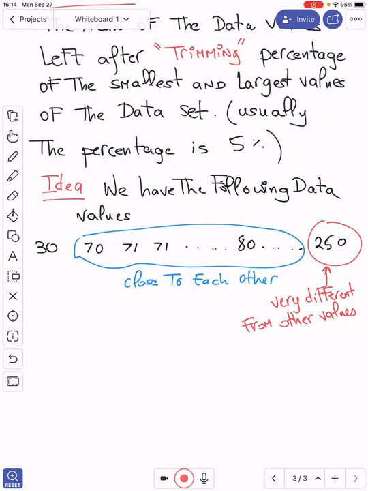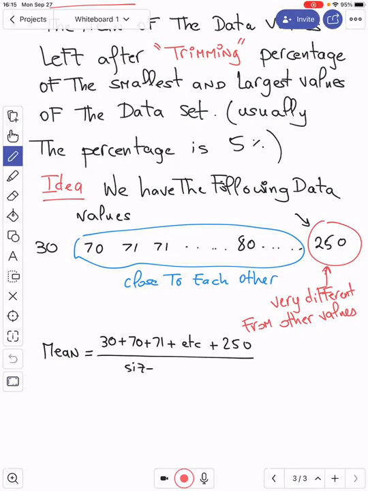So your mean is not a good representative of this data set because of this 250, which is a very large number compared to the 70 or 80, etc. The mean would be 30 plus 70 plus 71 plus etc., plus the 250, over the size of the sample.